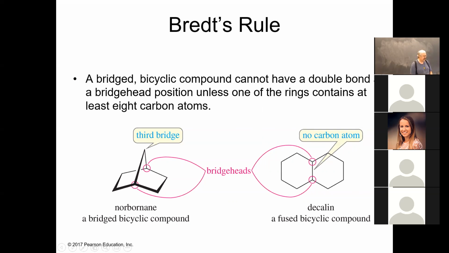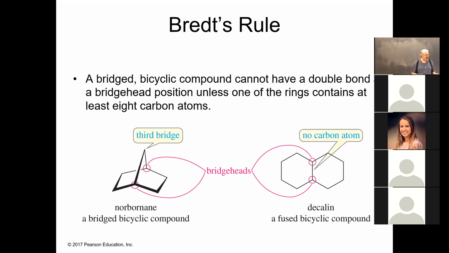So the systematic name for decalin would be bicyclo[4.4.0]decane. For norbornane, it would be bicyclo[2.2.1]heptane. So we have at least one carbon in each one of the bridges.